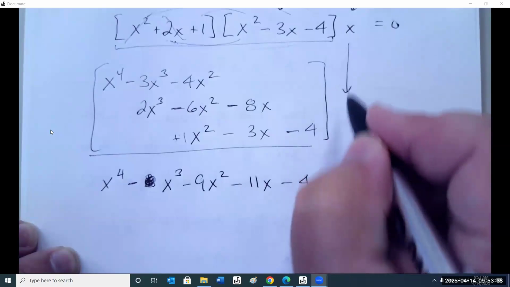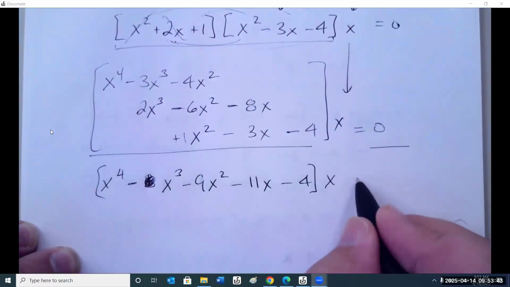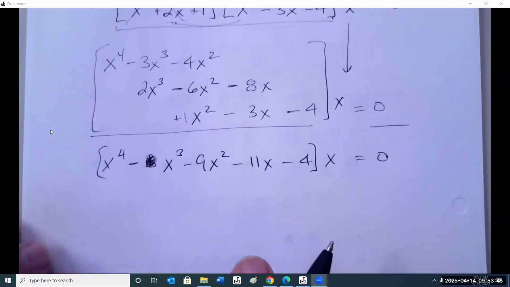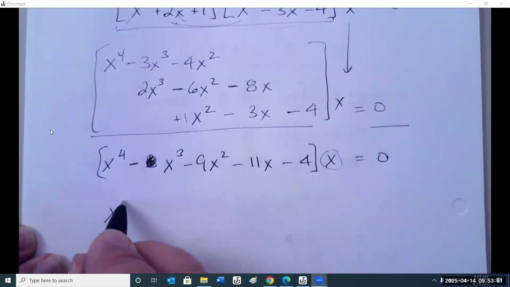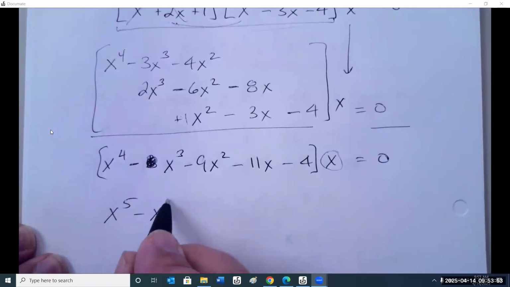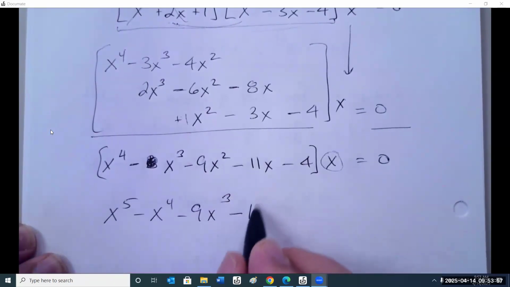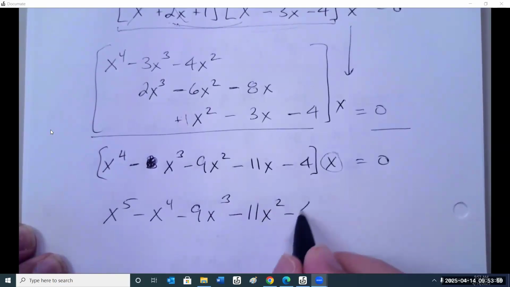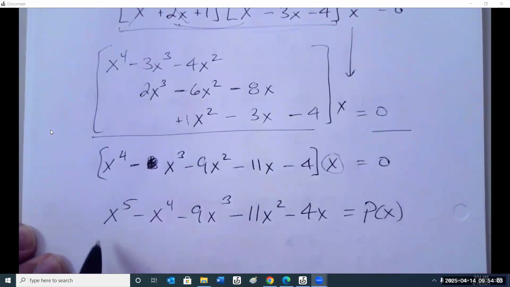Then bring this x down here. And then lastly, distribute that x in there. So we have x to the fifth minus x to the fourth, minus 9x cubed, minus 11x squared, minus 4x equals our polynomial.